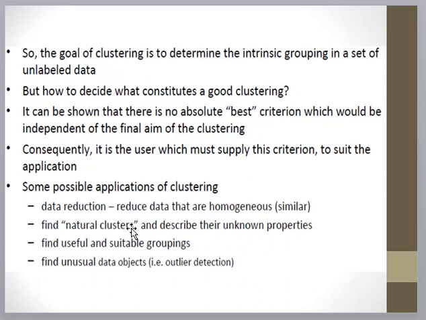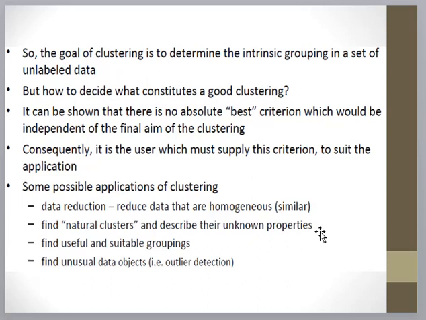Another application can be to find natural clusters and describe their unknown properties, right? For example, if we have different data sets which belong to different properties or attributes, and we are not familiar with those properties, then we can apply a clustering algorithm on those points or data sets, and our clustering algorithm will group them on the basis of their properties.